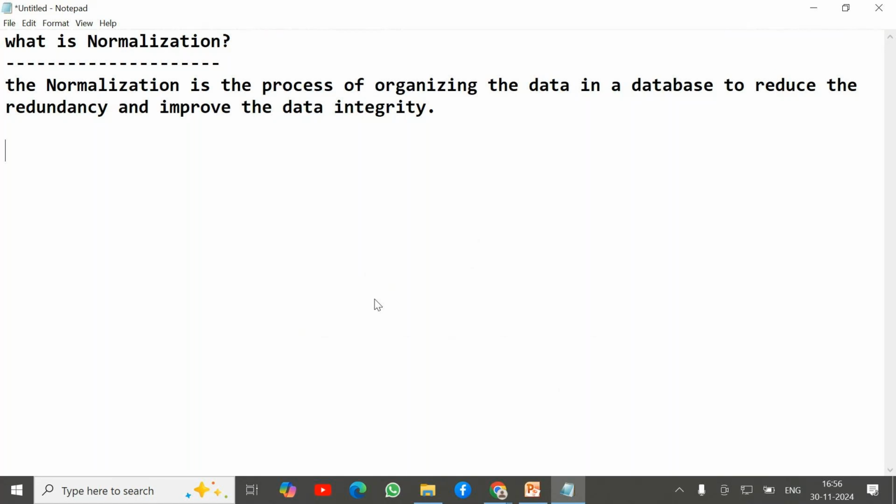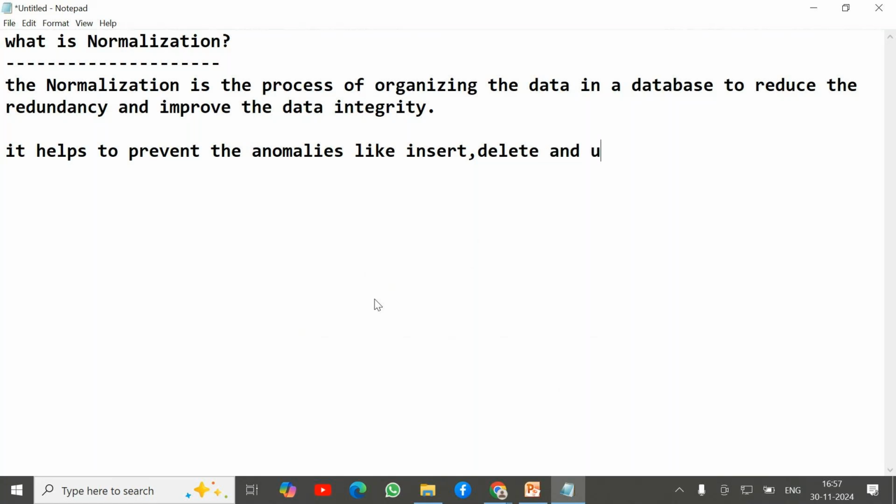It helps to prevent the anomalies, like insert, delete, and update anomalies.